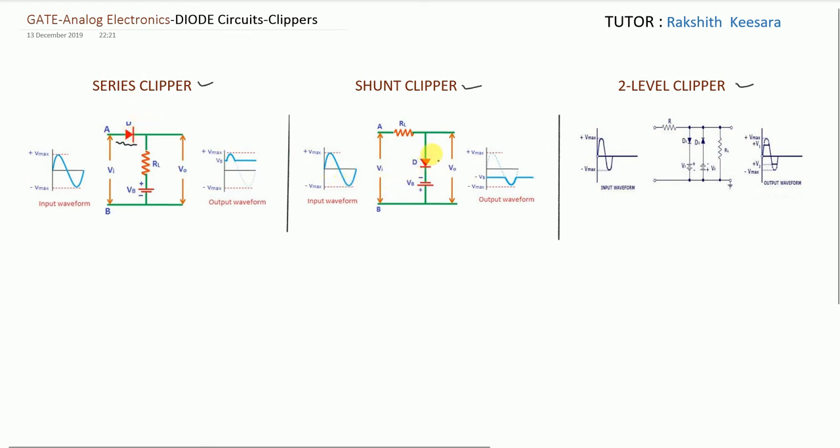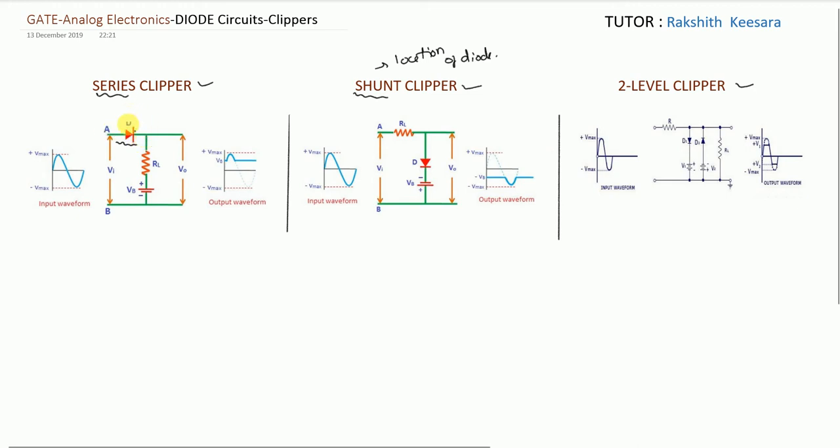Whenever the diode is connected in shunt, it is called as shunt clipper. So this is the basic definition guys. Here diode is in series and resistor is in parallel or shunt. Here resistor is in series and diode is in shunt. So this name basically indicates location of diode. Similarly here also, since diode is connected in series, it is called as series clipper.